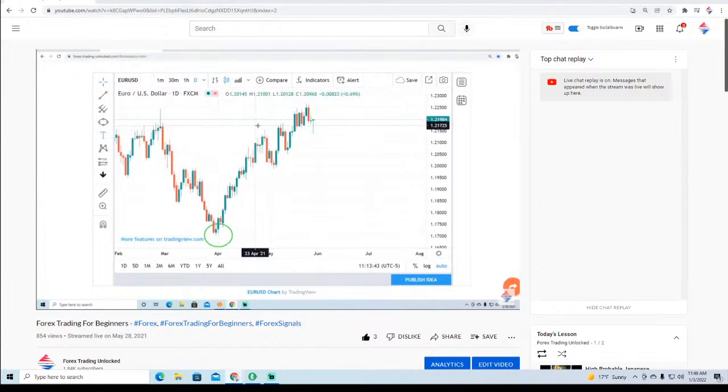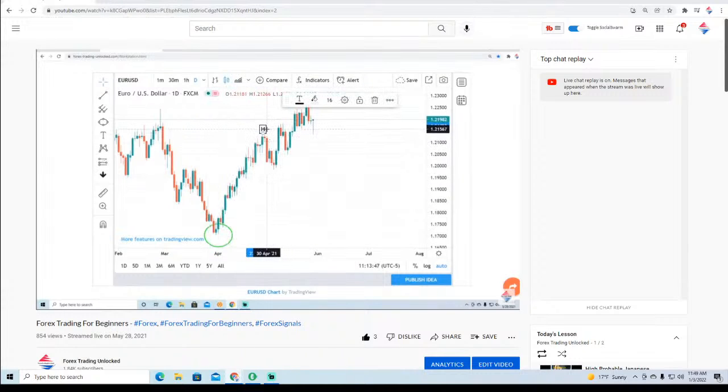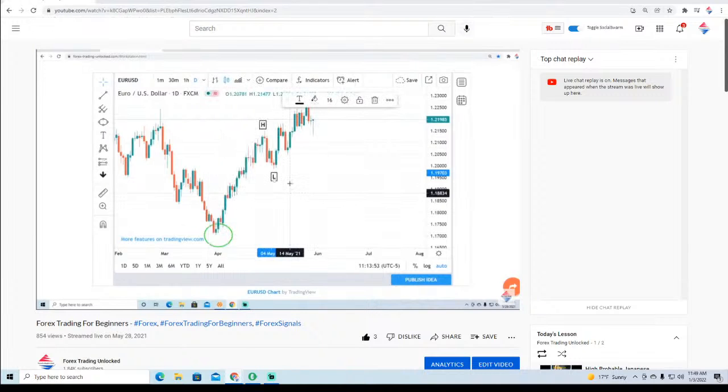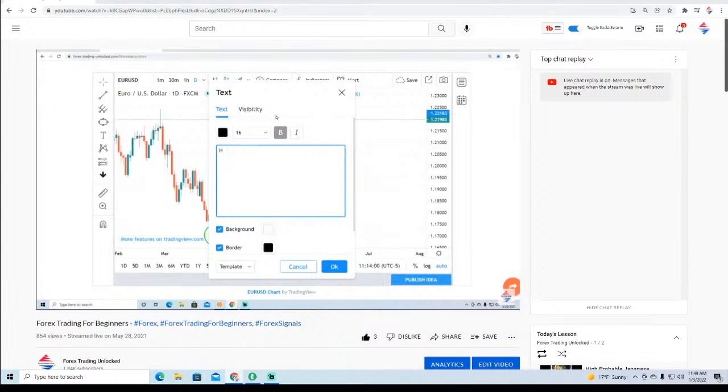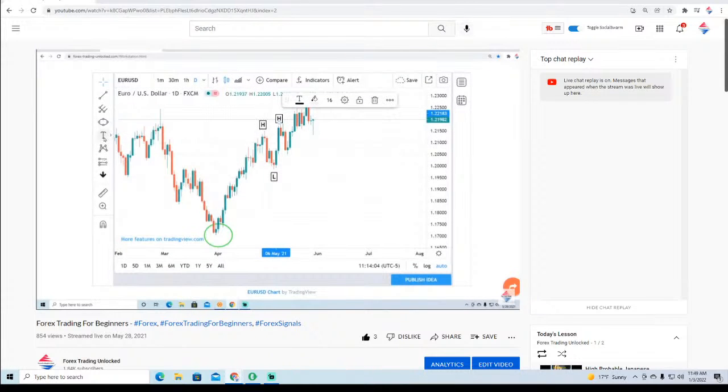So for here, we have a high, and then see how we can mark with the text really easily. We have a low, and as you can see with those highlights now, it should stick out to you where these are highs and lows in the marketplace.